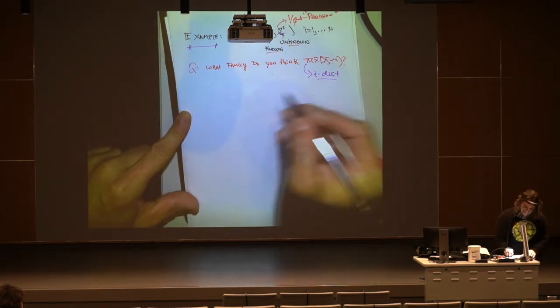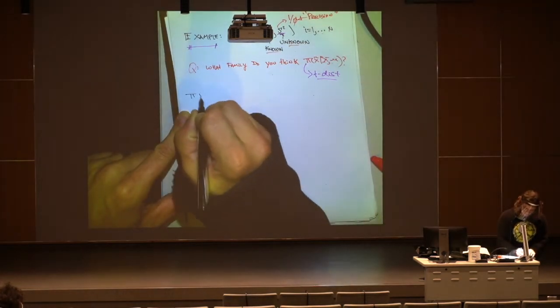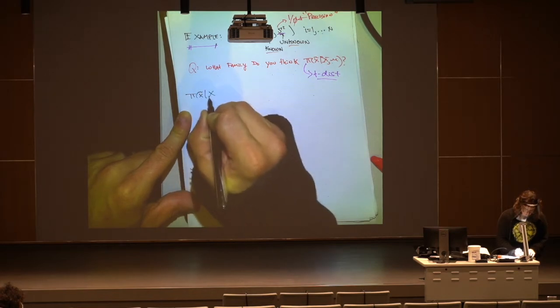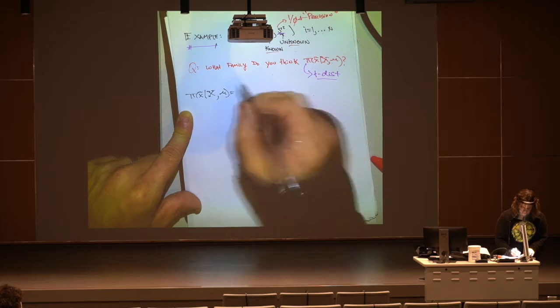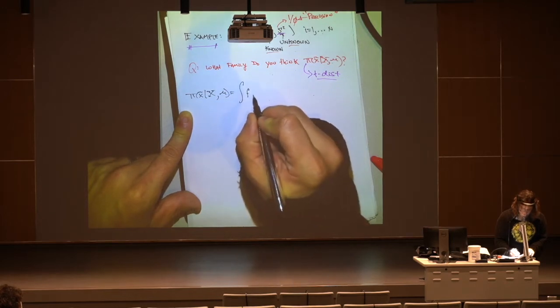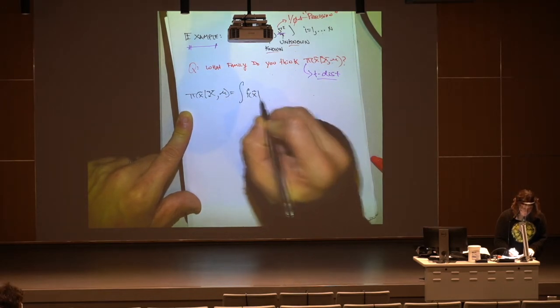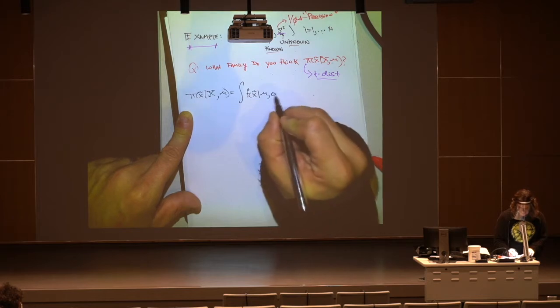Okay. So, how will I do this problem? Just using the basic definition. So this is going to be the integral of f of x tilde. This has got a mu and a phi in there.